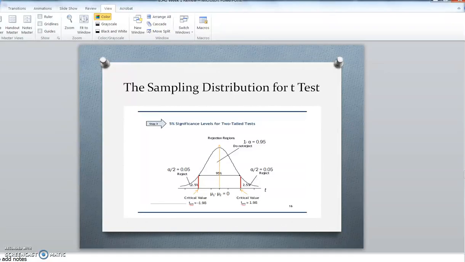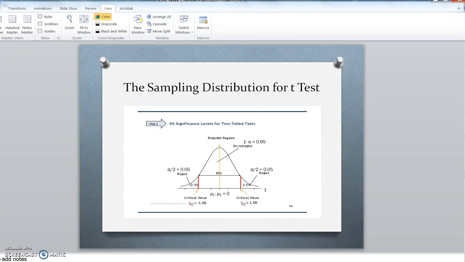So when we try to make an inference about the entire population based on such a small sample, we need to keep in mind that we can take many different samples from the population.